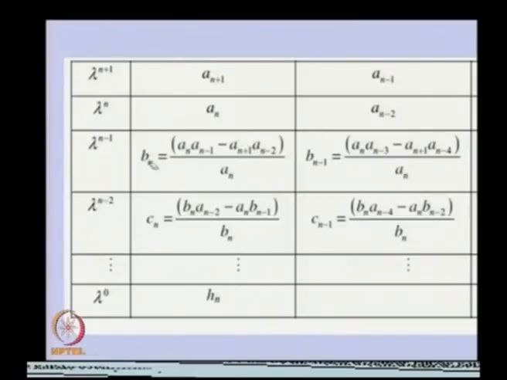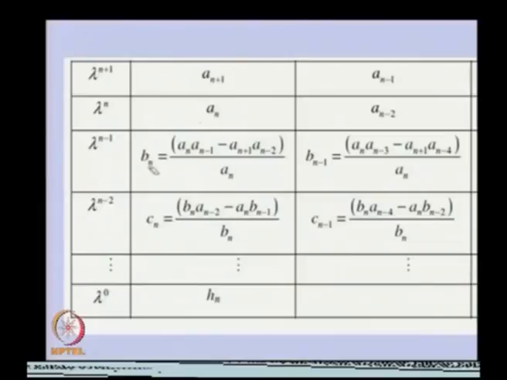Basically, in this we have calculated various coefficients like b n, c n, and the condition of the Routh table is that the first column coefficients after calculation should not have any change in the sign. If there is a change in the sign, then the system will be unstable.